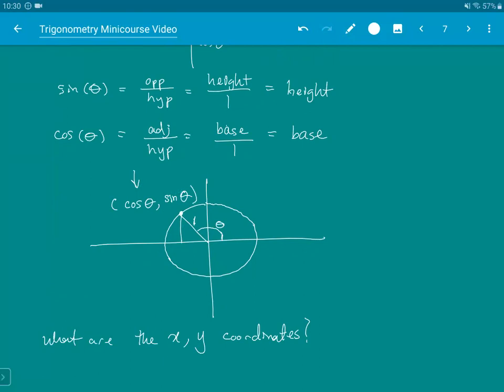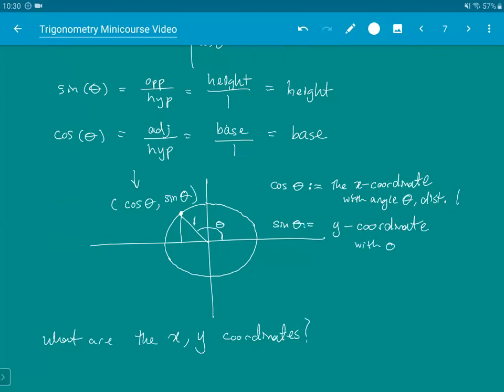And sine of theta is defined as the y-coordinate of the point whenever the angle is theta. So when I do this colon equals, that means it's defined as. Angle theta, and remember, of course, we're always picking this on the unit circle, so the distance will always be 1. And sine of theta is the y-coordinate with angle theta and distance 1.